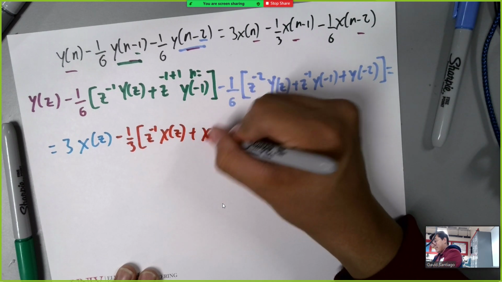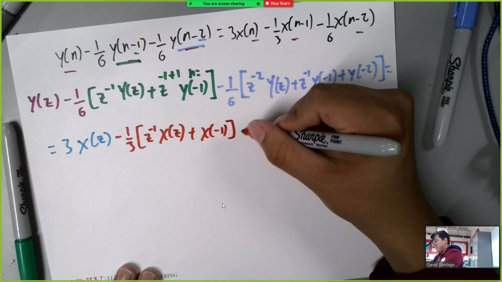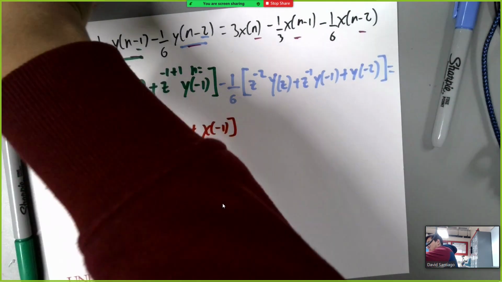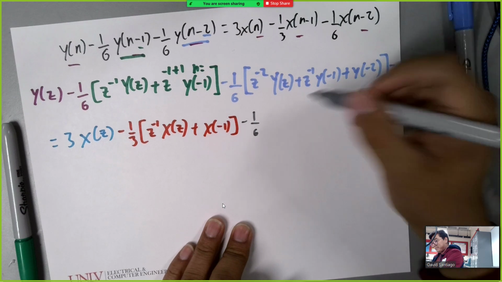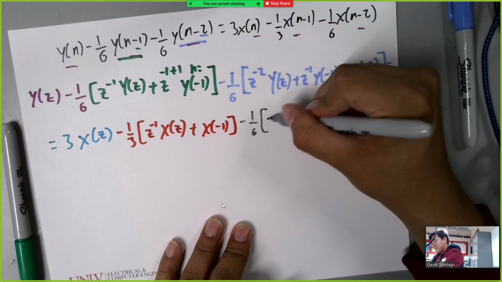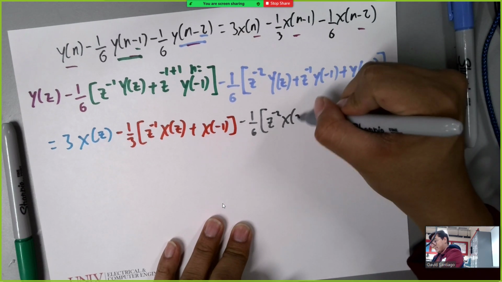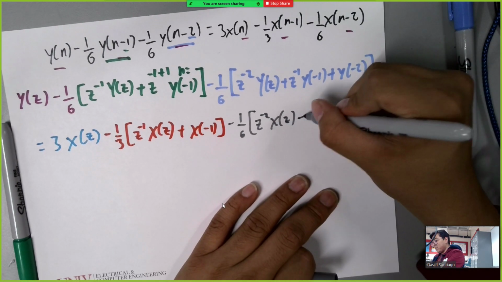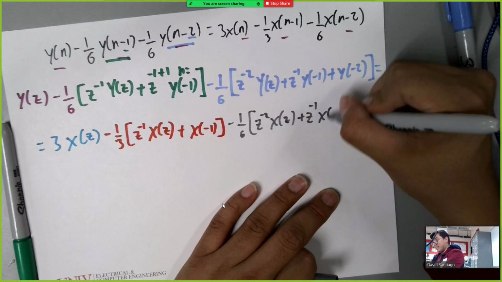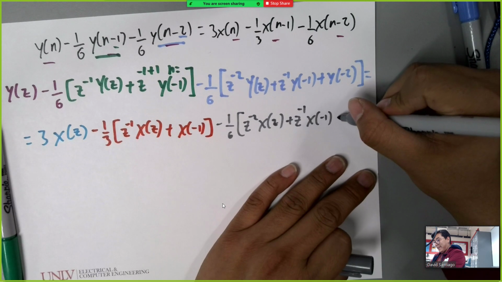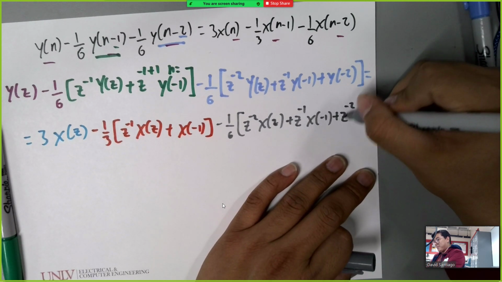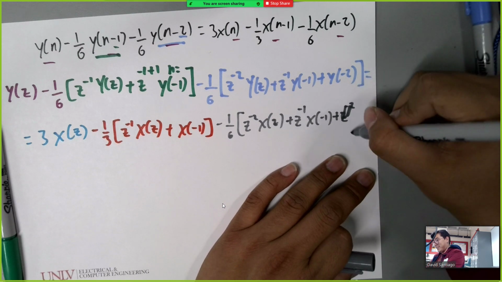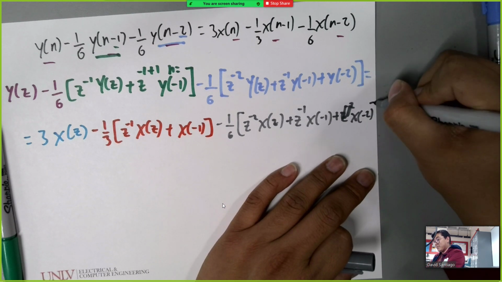Plus x of minus 1. And then the final one for today, minus 1/6, z to the minus 2, X of z, plus z to the minus 1, x of minus 1, and plus z to the minus 2. Oh, got ahead of myself. x of minus 2.